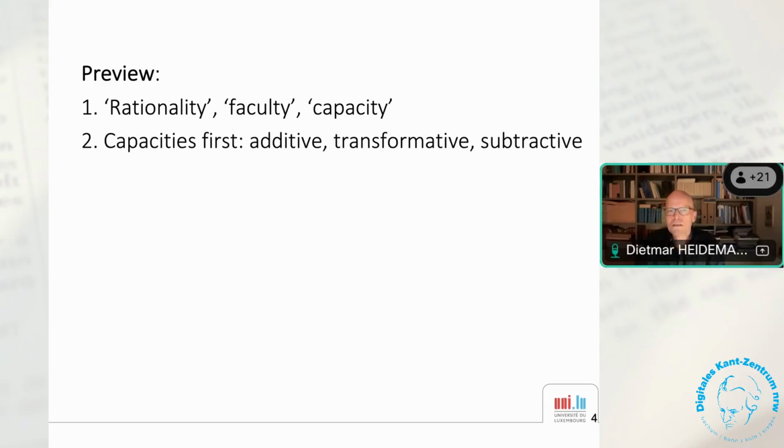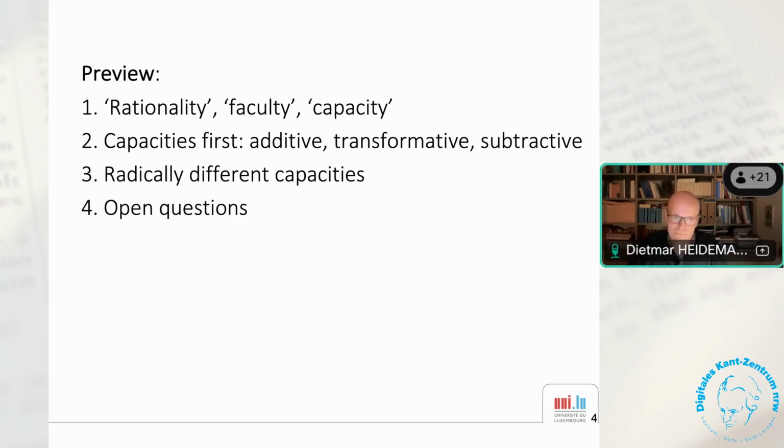Before I then turn more specifically to these three models, the two on the table, additive, transformative, and the third one, subtractive, which is mine, and to then show that it is crucial to see that there is a radical difference between what Kant calls intuitional and conceptual representation, which makes it impossible, at least that's what I'm going to argue for, to conceive of his theory of rationality in terms of a transformative theory. It's rather subtractive, as I will argue, which might be a special kind of an additive theory of rationality. We're going to see. And then I have a concluding section on, unexpectedly, open questions.